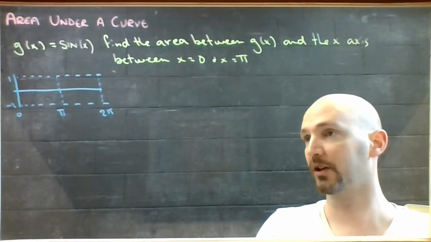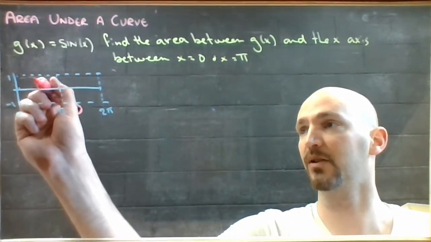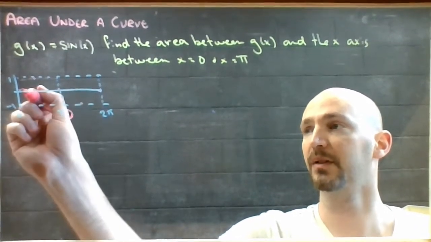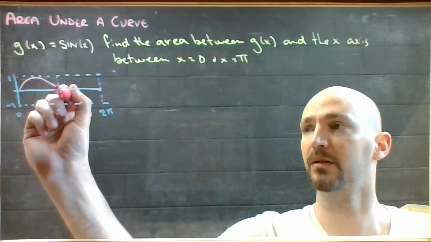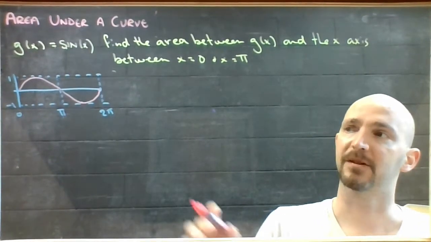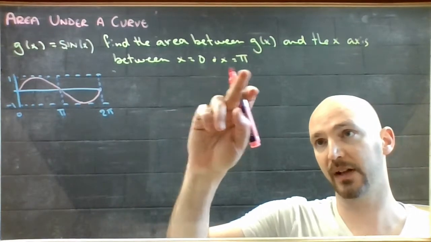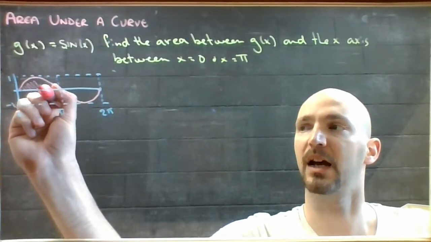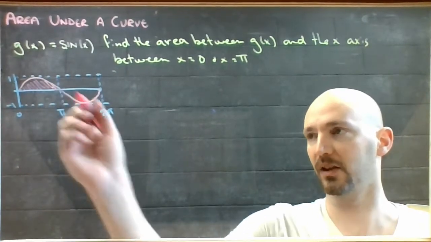And the sine curve starts at 0, peaks midway, zeros, troughs, zeros. So that's sine x, and I'm trying to find the area between 0 and pi. So I want to find out how much space there is under this little lobe.